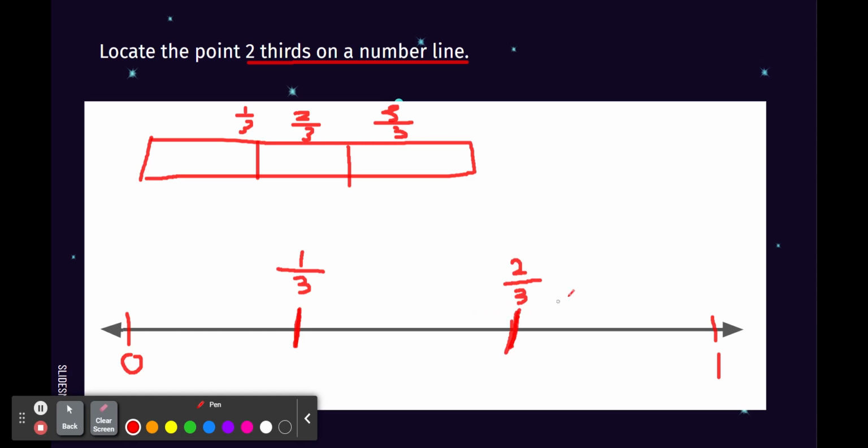What about if I go all the way over to 1? One is 1 whole, or the equivalent of 3/3. So this tick mark can be either 3/3 or 1 whole. They are equivalent. So if I'm trying to locate 2/3 on a number line, right here is my 2/3 position on the number line.